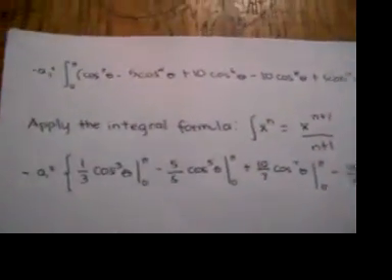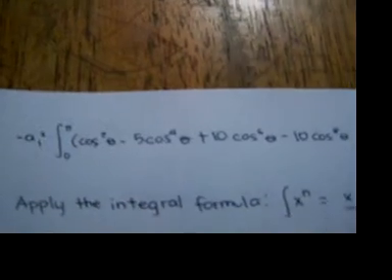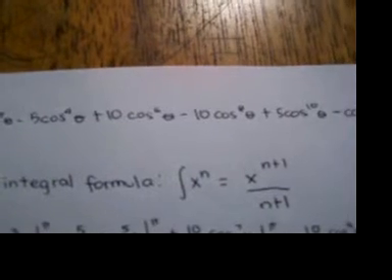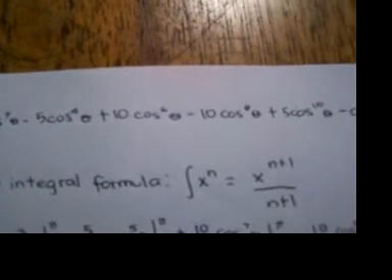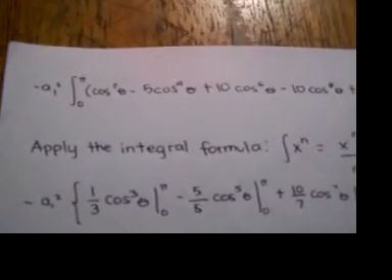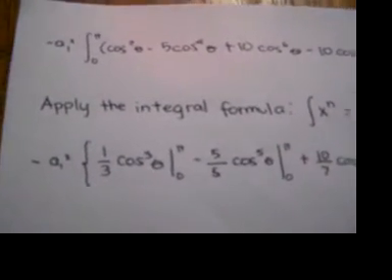So again, simplifying. Here's the previous equation from the previous paper. We can now distribute the integral and apply this formula: for x raised to n, the integral is x raised to n plus 1 over n plus 1. In this case, our x is the cosine theta, while the n will be the exponents. Applying that, we'll have this.